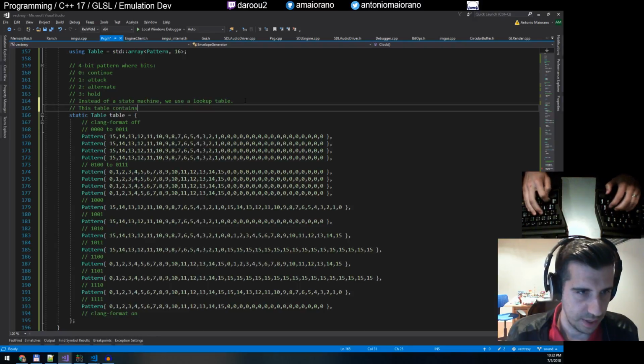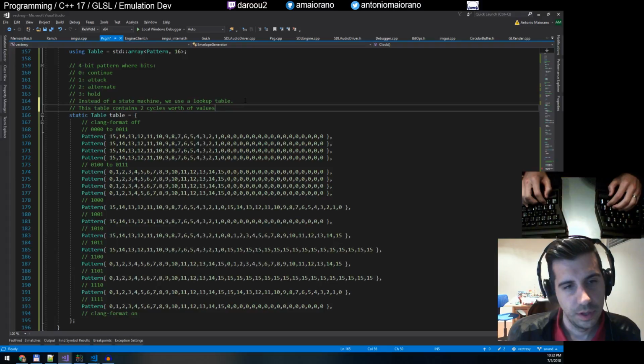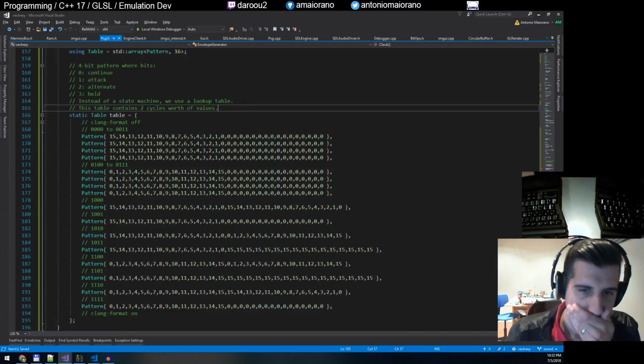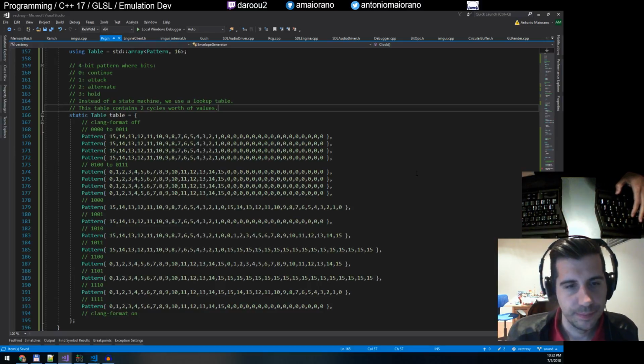This table contains 2 cycles worth of values.